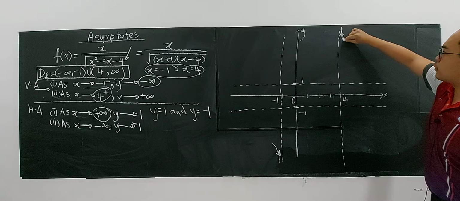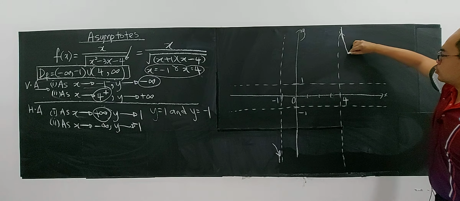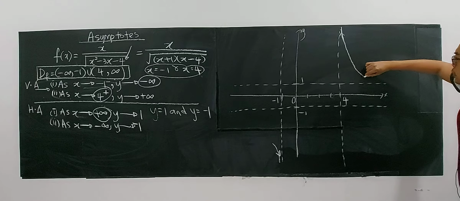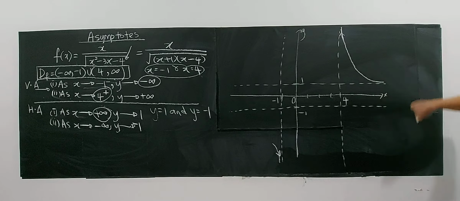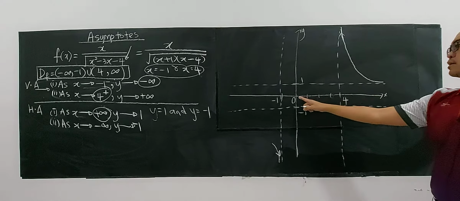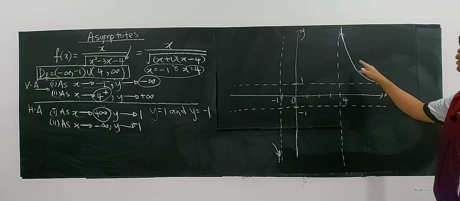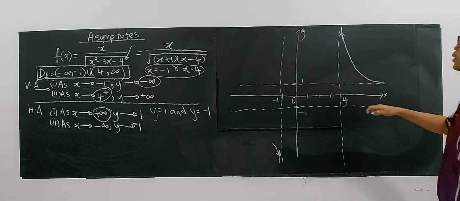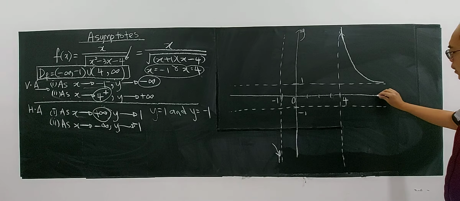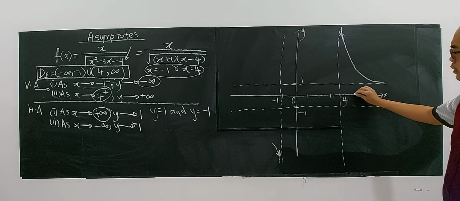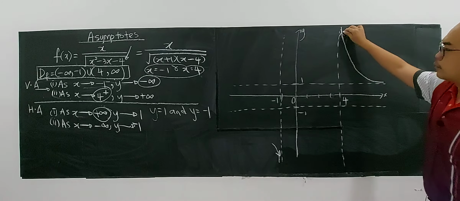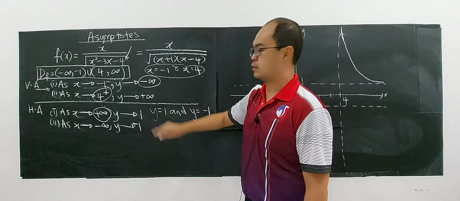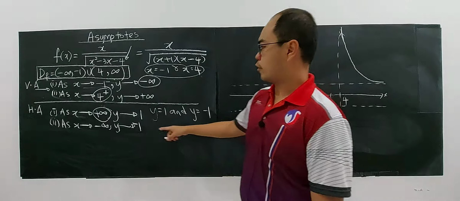From here you have to go down and approach 1. So as x approaches positive infinity, the curve approaches y equals 1. But when x gets smaller, approaching 4 from the right, it goes to positive infinity here.